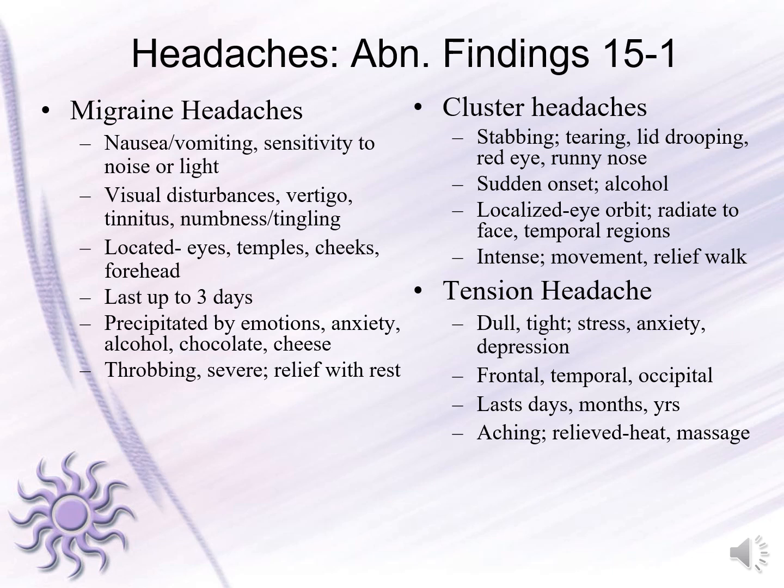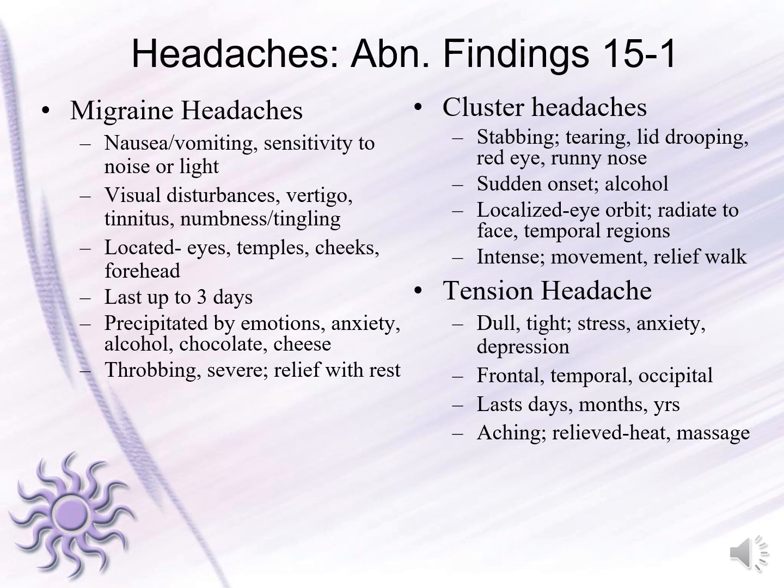So some of the headaches that we're going to discuss or differentiate are here in this chapter. So in the beginning, migraine headaches. We know these are located around the eyes and temples and can be connected with nausea or sensitivity to light.